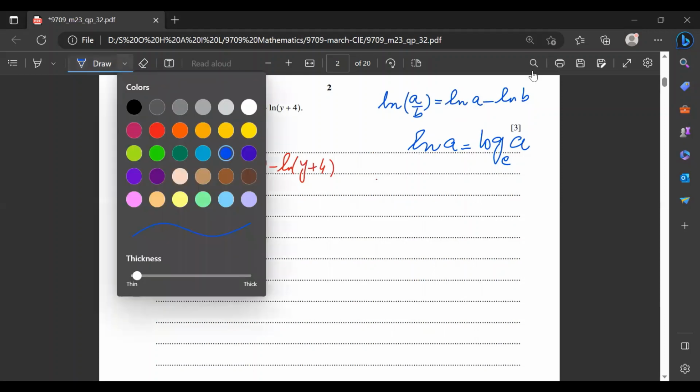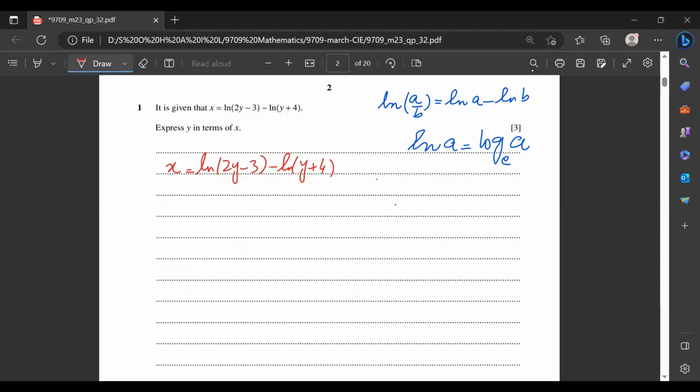So I can apply this property here on the right hand side. Natural log of (2y minus 3) over (y plus 4).